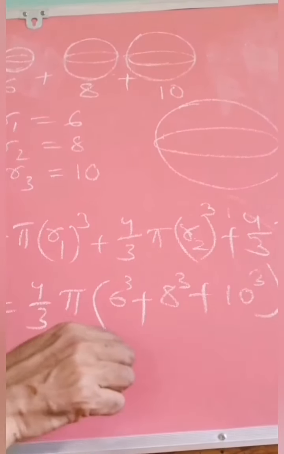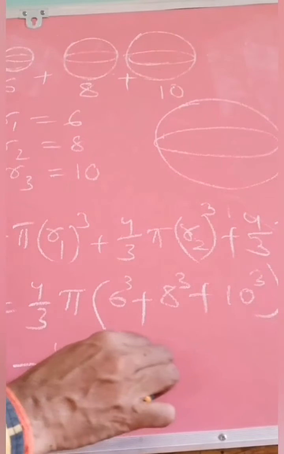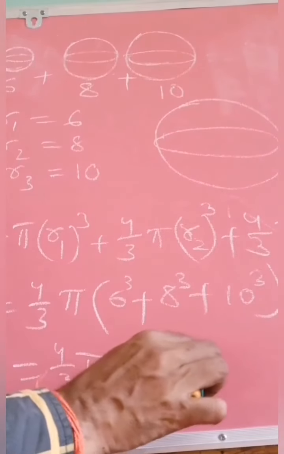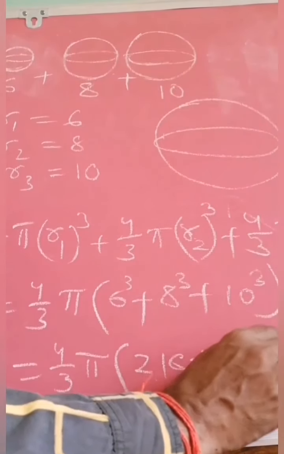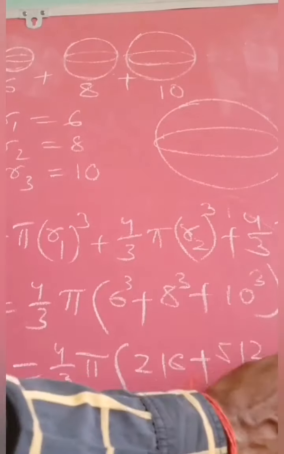And that equals 4 by 3 pi. 6 cube is 216. 8 cube is 512. And 10 cube is 1000.